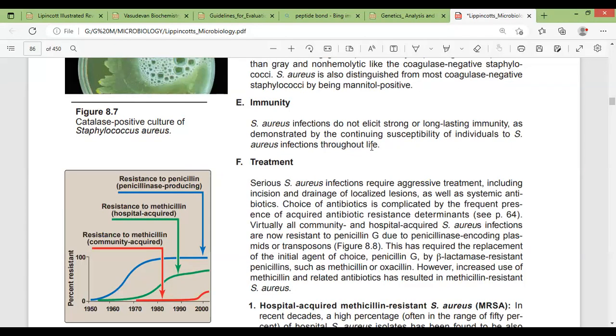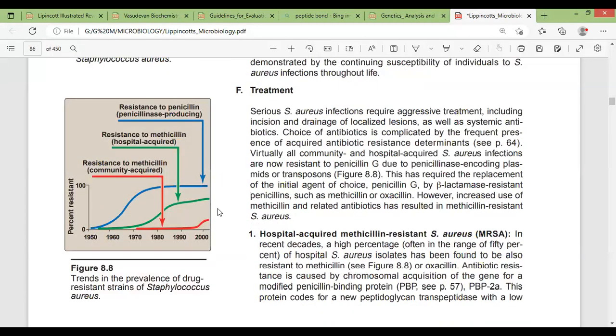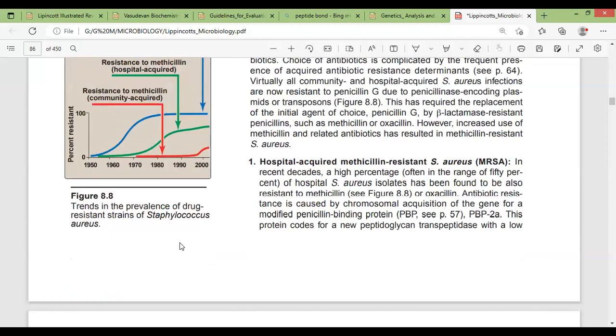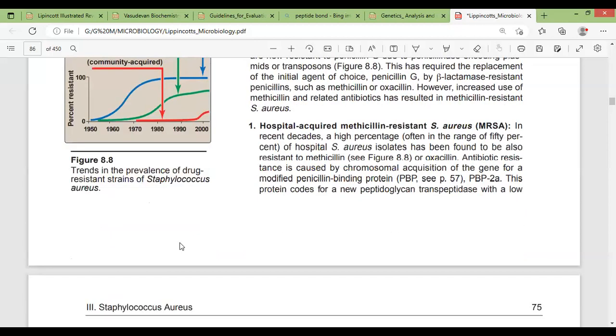at the end of the day, when we're looking at treatment of Staph aureus infection, if it's methicillin sensitive, we will see drugs such as oxacillin, cloxacillin. These days we're really dealing with methicillin resistant Staph aureus. Here we have the likes of vancomycin coming through.